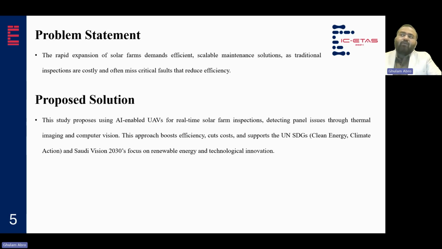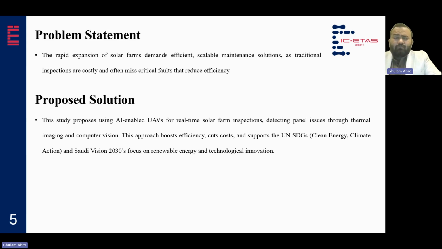A few techniques consider only identifying cracks. A few considered only monitoring the thermal or temperature readings. Someone computed dust on the solar panels. These are different kinds of things that have been addressed so far. Now we want to have a universal solution.